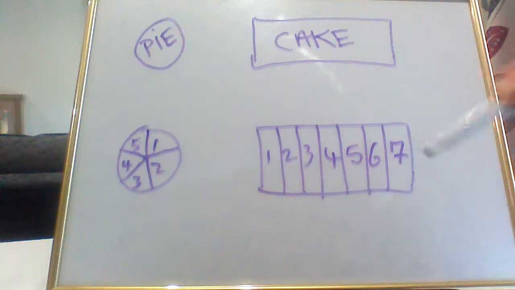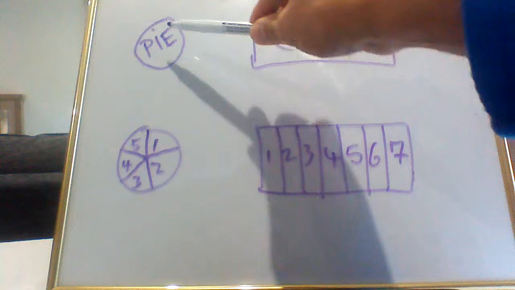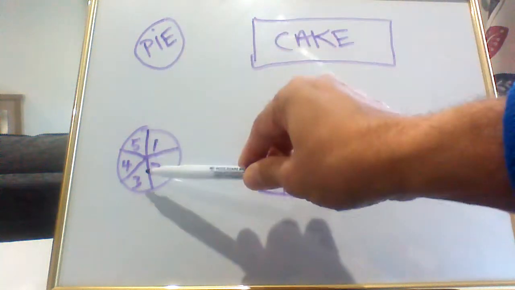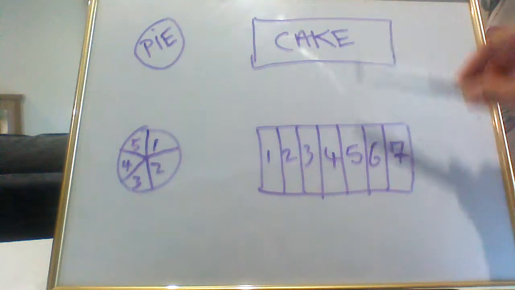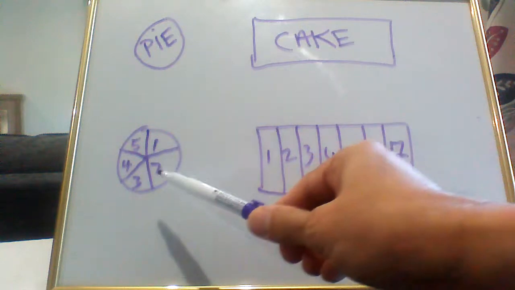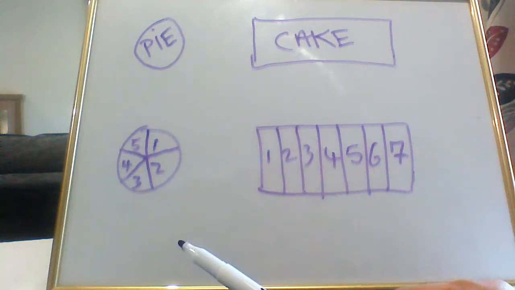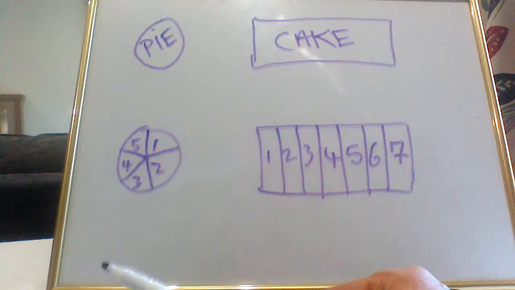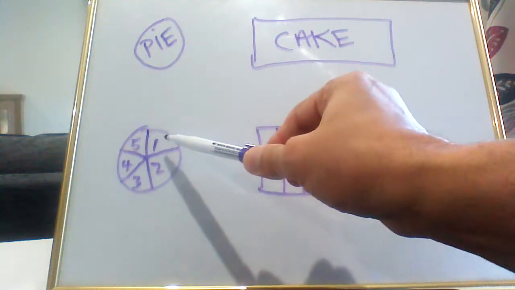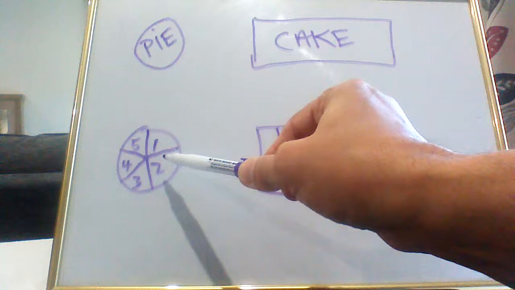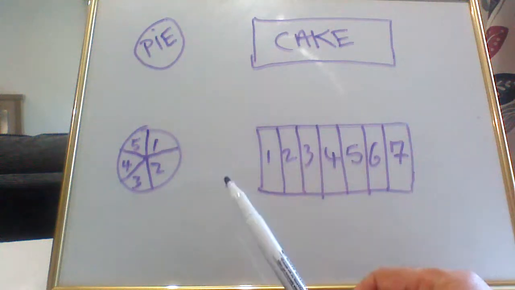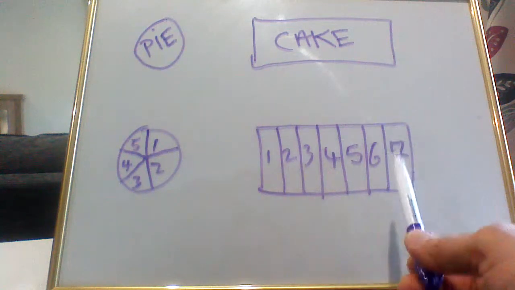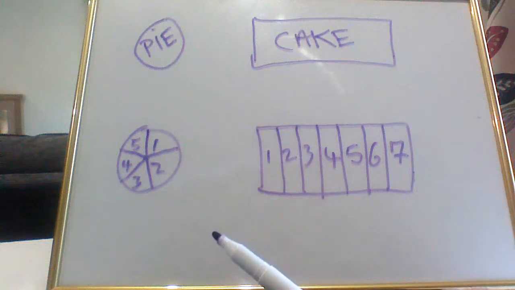There you go. So that's a whole pie, and that's a representation of the same pie, and that's a cake, and that's the same cake. The only difference is they've been cut into different pieces. This one has been cut into 5 pieces, in other words, into individual fifths. This cake has been cut into 7 pieces, so they've been cut into sevenths.